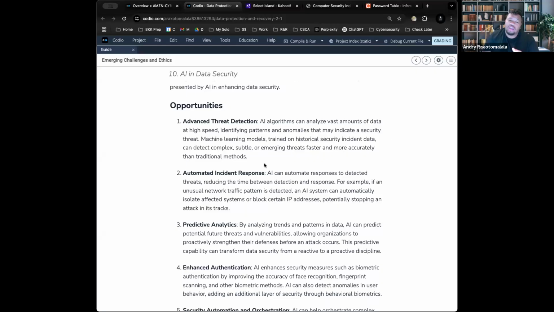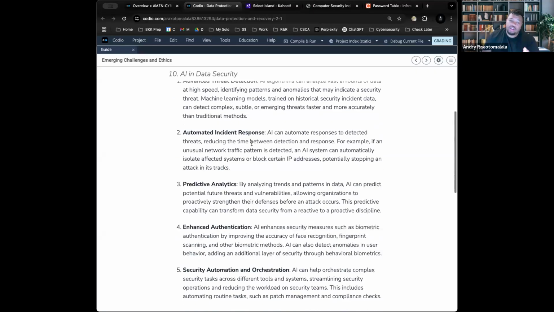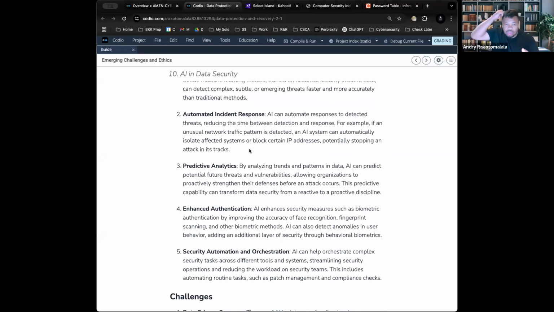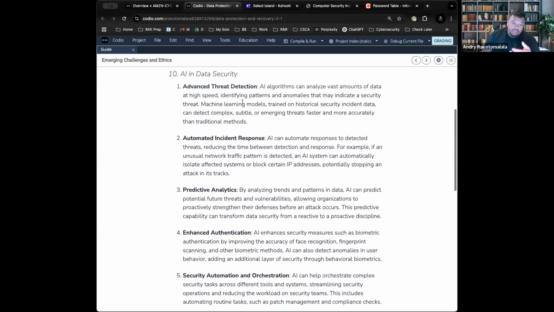Additionally, because we train it on how to detect it, it can learn how to respond to the actual incident. So when we're talking about detection, it would be the intrusion detection system, IDS. When we're talking about taking an active response to an incident, that's intrusion prevention. This is the active stopping of the incident itself.